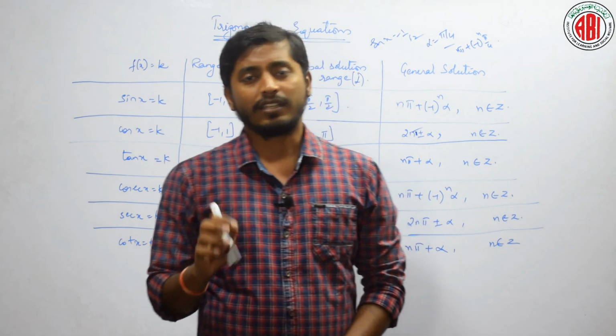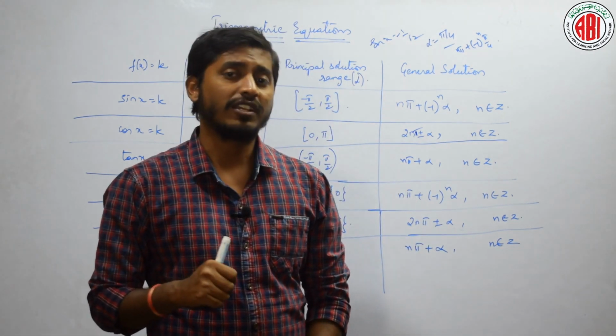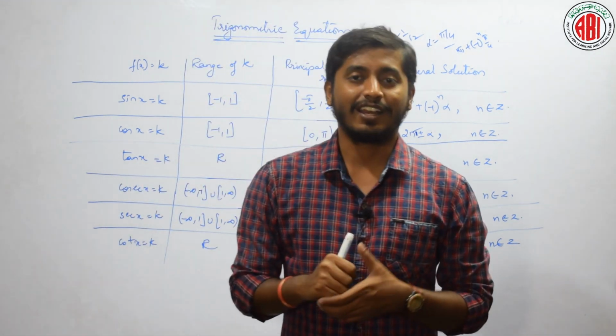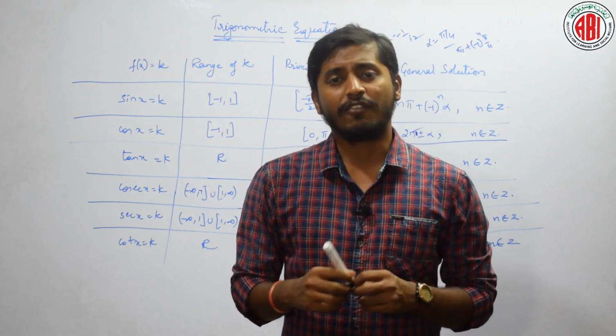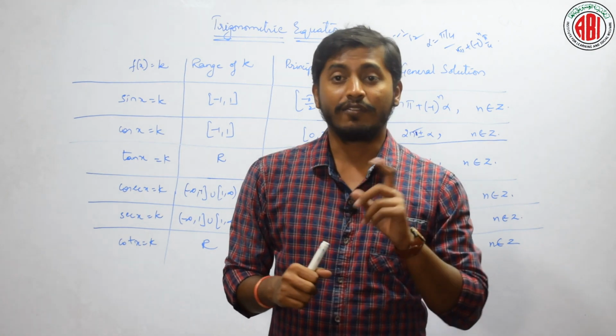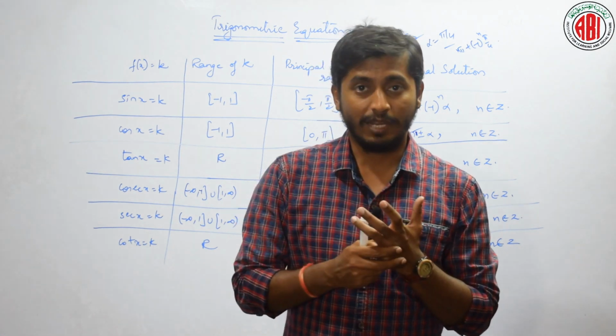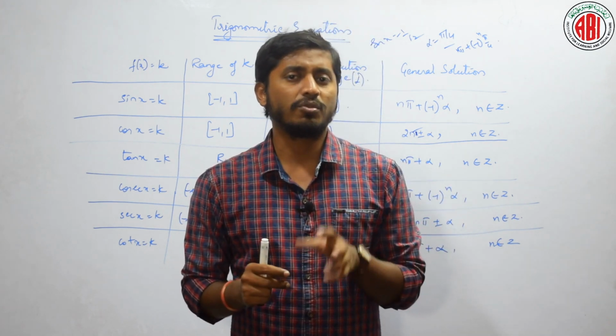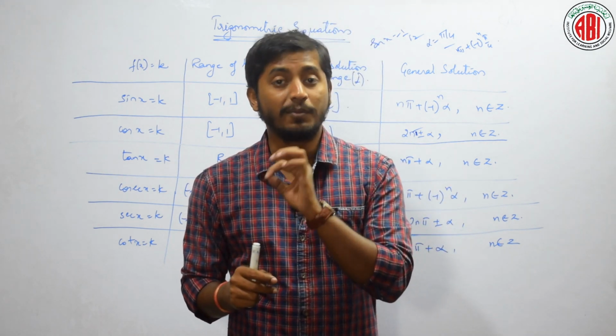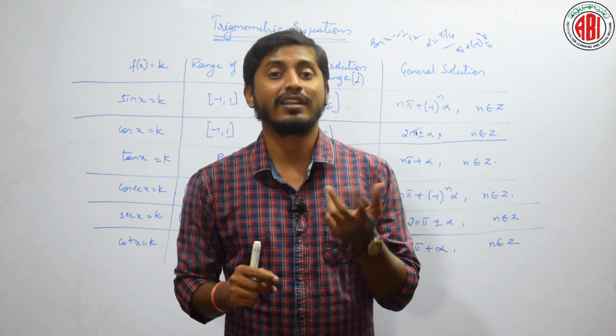Okay, clear? Today we are going to start a new chapter, that is trigonometric equations. What are equations? Wherever you see the term equation, whether it is a two variable equation or a quadratic equation, you are always finding the value of that particular variable, which is nothing but solving.